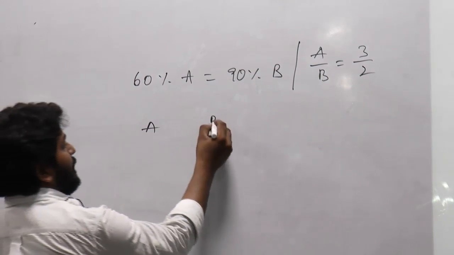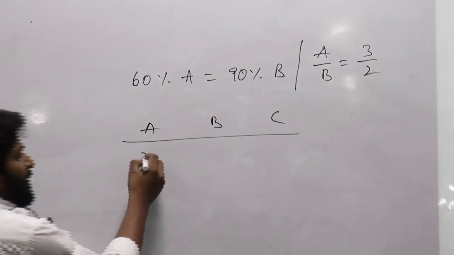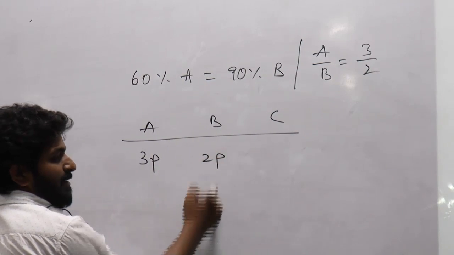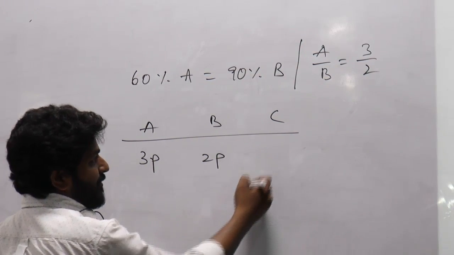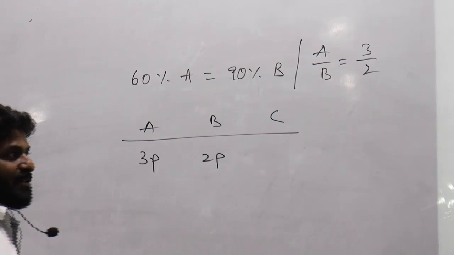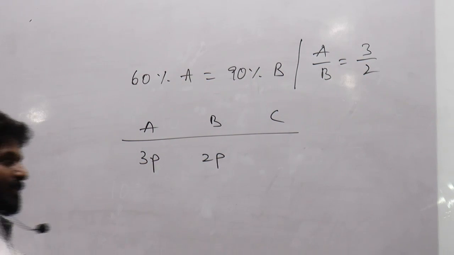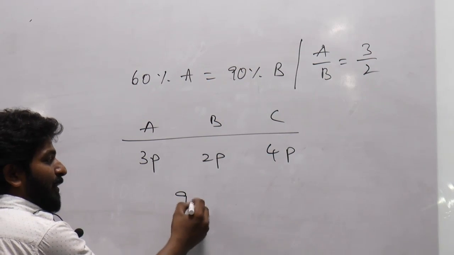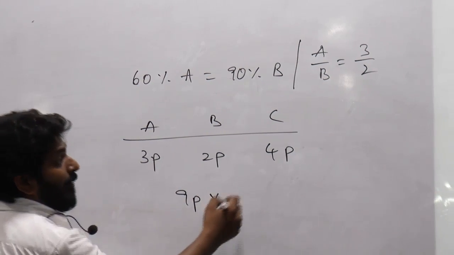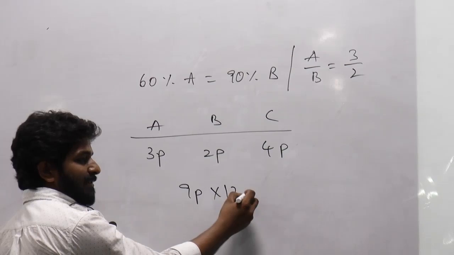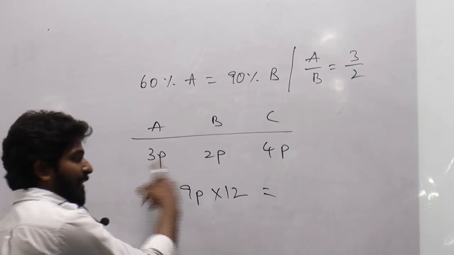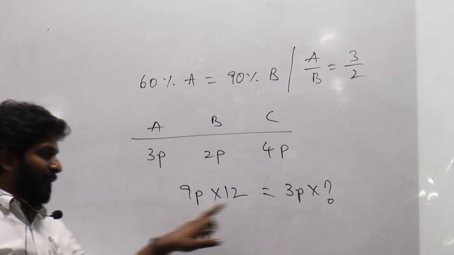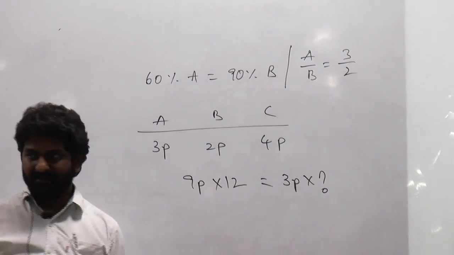So A's efficiency becomes 3 parts, B's efficiency becomes 2 parts, and C is twice as work efficient as B, so that is 4 parts. All working together can do 9 parts of work. In how many days can they complete the work? 12 days. If A alone does the work, he can do 3 parts of work. In how many days can he complete this? 3 parts, 3 times 12, that is 36.